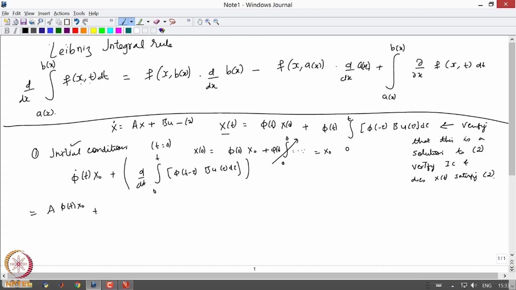Okay. So, let us start with this. I am just concentrating on the right hand side, on this term which is differentiation with the integral sign here. So, the first term will be d over dt of t. So, this is my b of x. Let us write down for simplicity: b of x is my t, a of x is 0, f of x comma t is phi of t minus tau times B u of tau.